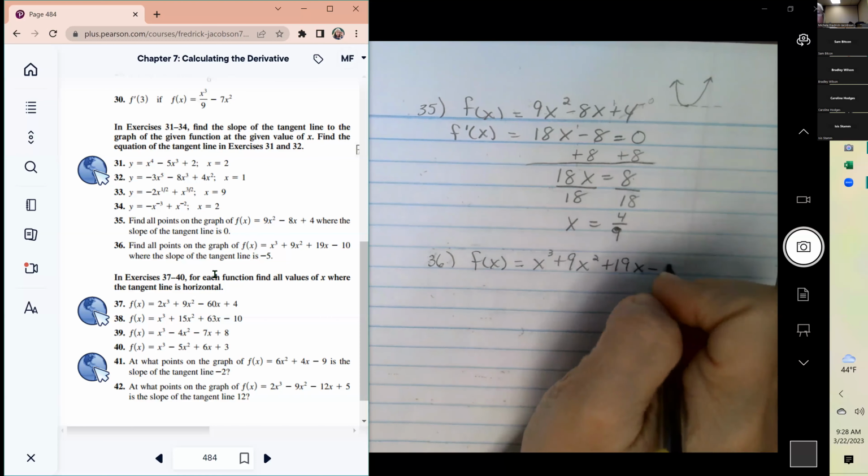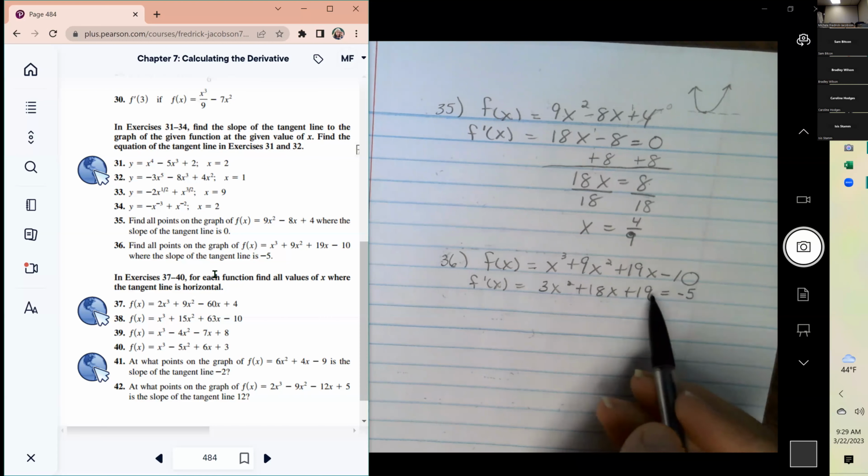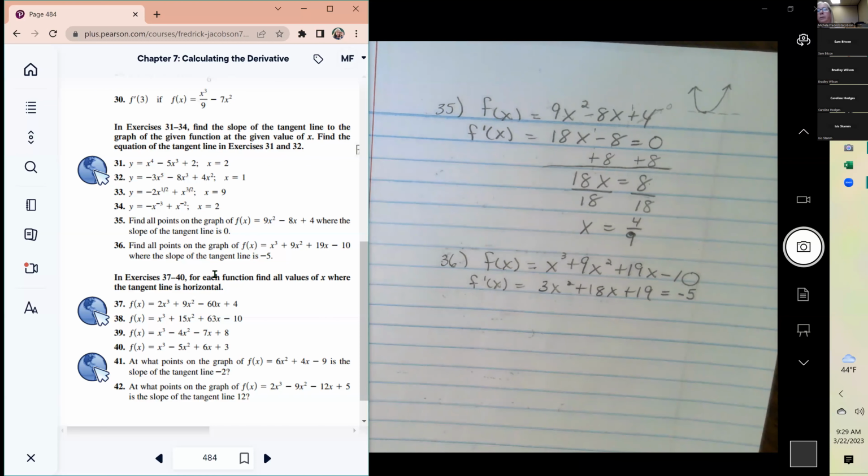Now this one would be solved a little bit differently because we have a quadratic. So we want to bring the -5 over because it needs to be set equal to 0. So you can either use the quadratic formula, factor.